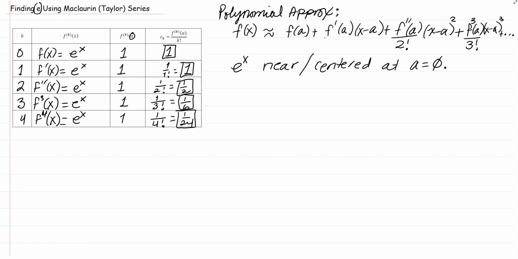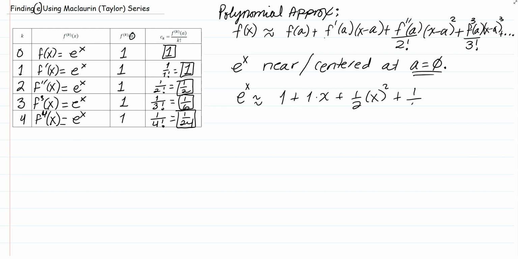You would say the polynomial approximation, and really I went up to 4, so that will be the fourth polynomial approximation to this function: 1 plus 1 times x plus 1/2 times x squared plus, and remember a is centered at 0, so we don't have to write x minus 0, right?